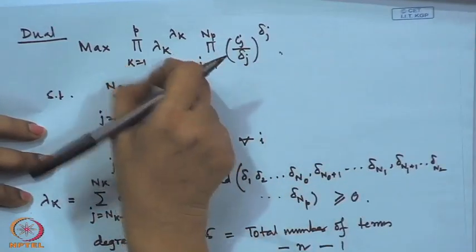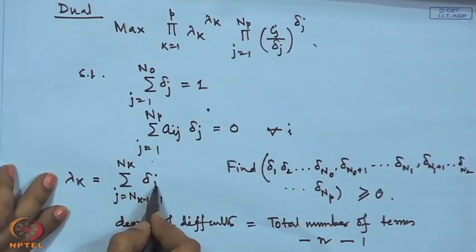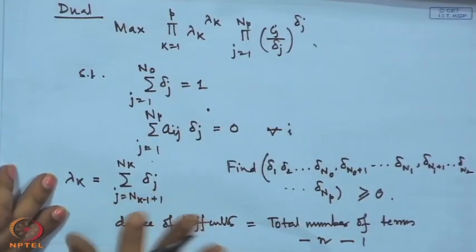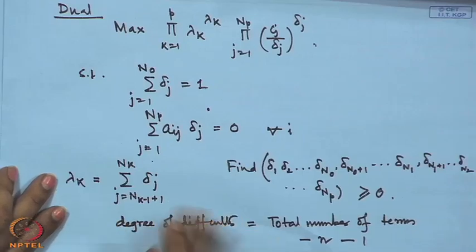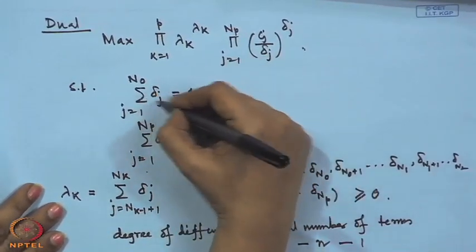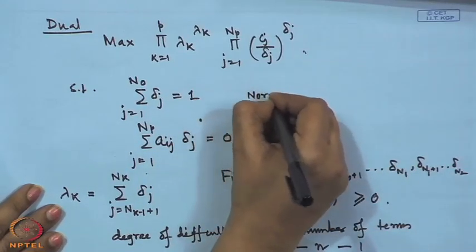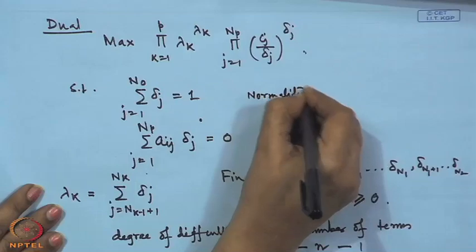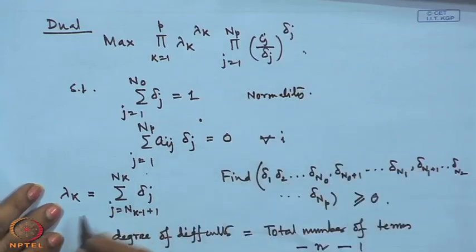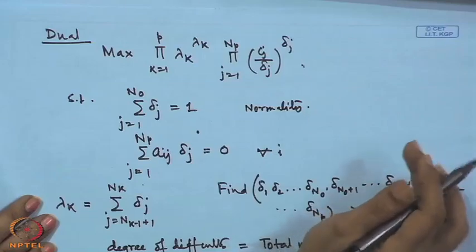What about this set? This set is the lambda k, where lambda k is the summation of delta j's. We are considering those delta j's which are involved in the constraints, and for the objective function the corresponding delta j's we are considering in the normality condition. This is the normality condition. That is why we will put it as a constraint here, but the lambda k we will consider in the objective function.